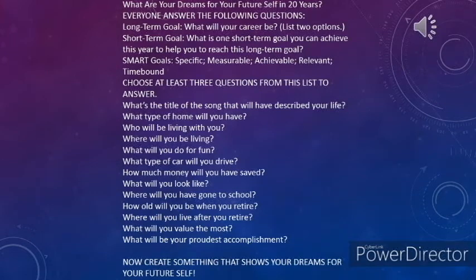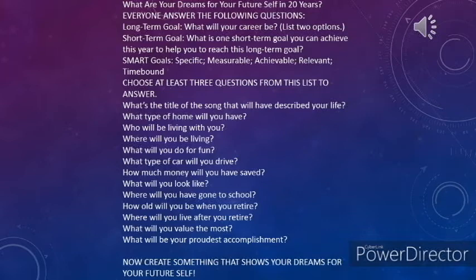Here are some prompts that'll help you with designing your vision board. Long-term goal. What will your career be? List 2 options. Short-term goal. What is one short-term goal you can achieve this year to help you to reach this long-term goal?